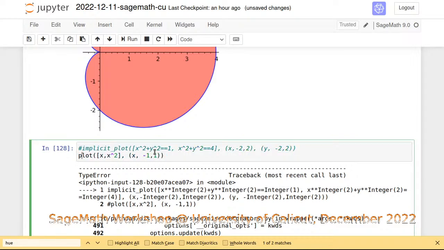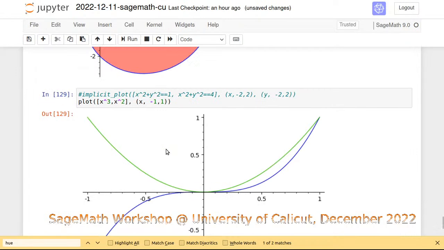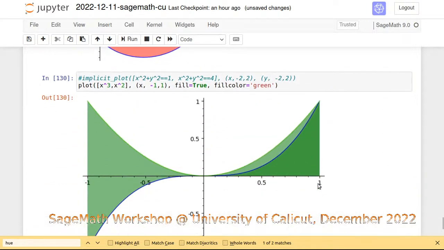So plot is anyway working. So x square, x cube. This is anyway working. If I fill, where is it filling now? It is towards the x-axis, right? Both these curves towards the x-axis.